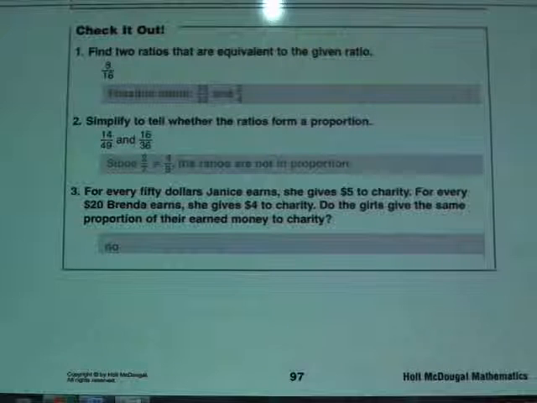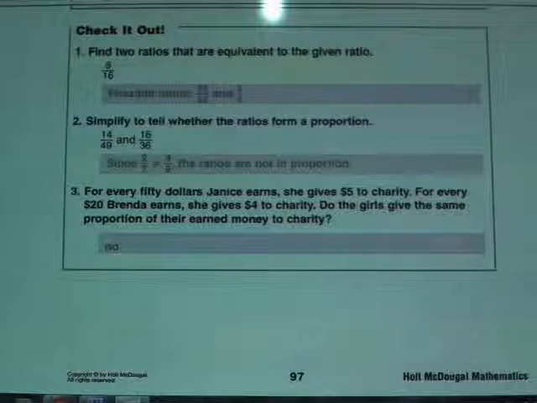All right, so let's go ahead and finish this up. Number 1, they're asking us to find two ratios that are equivalent to the given ratio. Again, it does not have to be something like simplest form where we're always making something smaller. You can make something bigger. So 8/16, as you can see, one of the things they wrote there is 2/4. Why? Well, that means they chopped 4 out of both the numerator and the denominator.